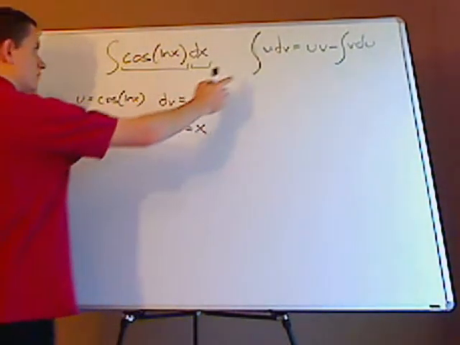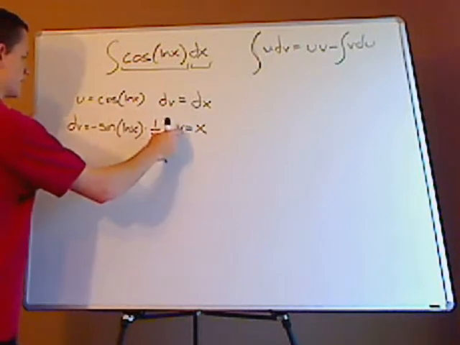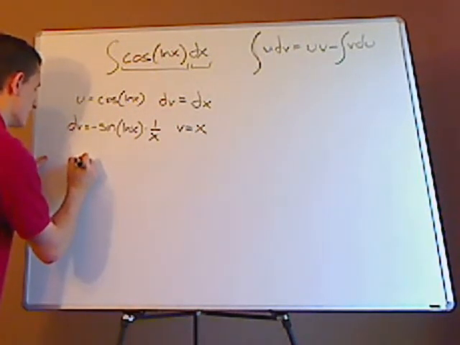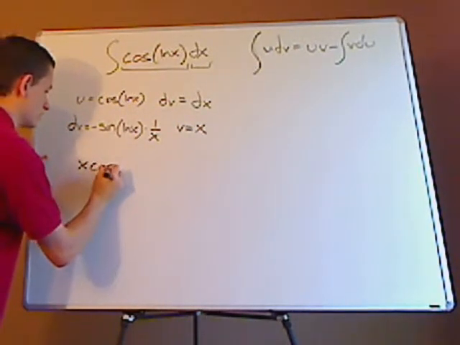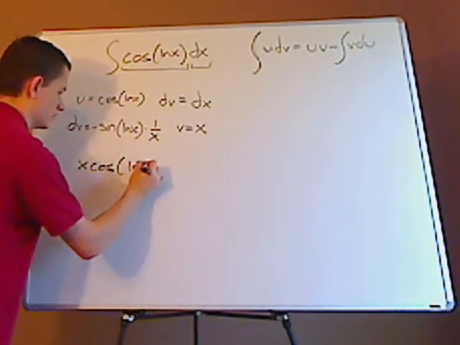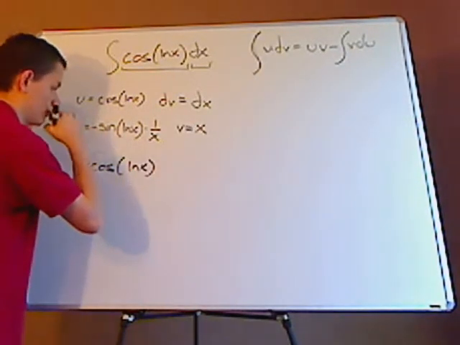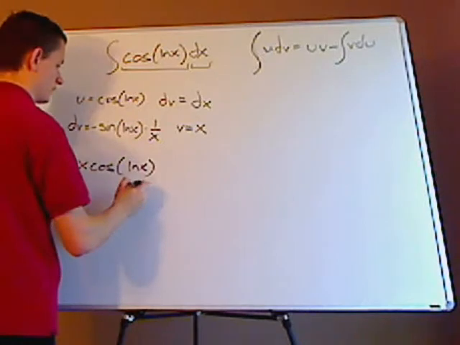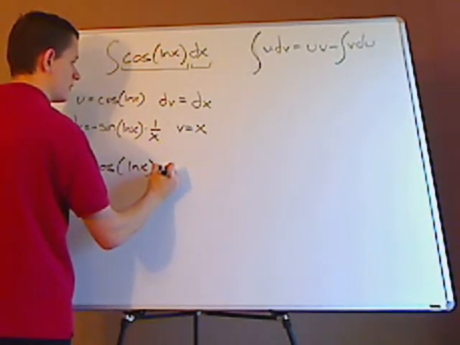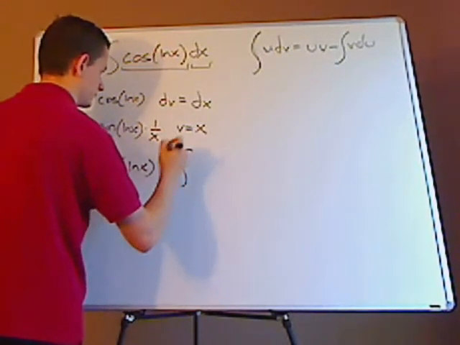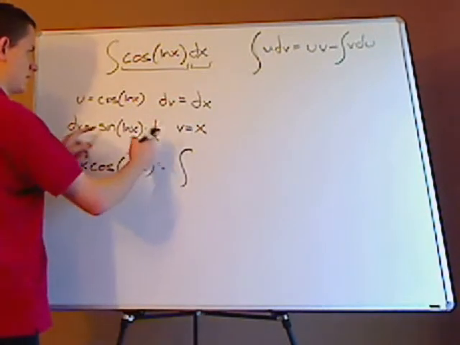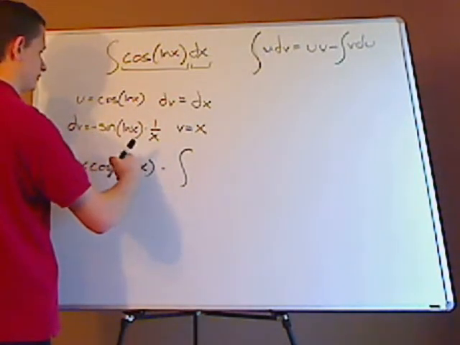So you have uv, which is x cosine ln x, minus this mess, right?